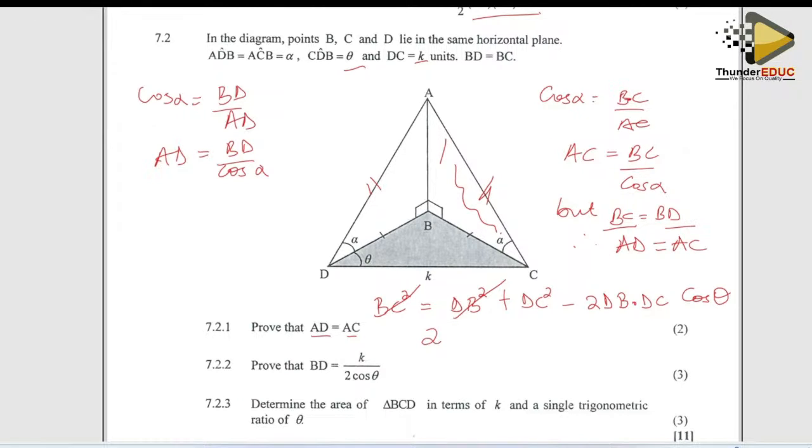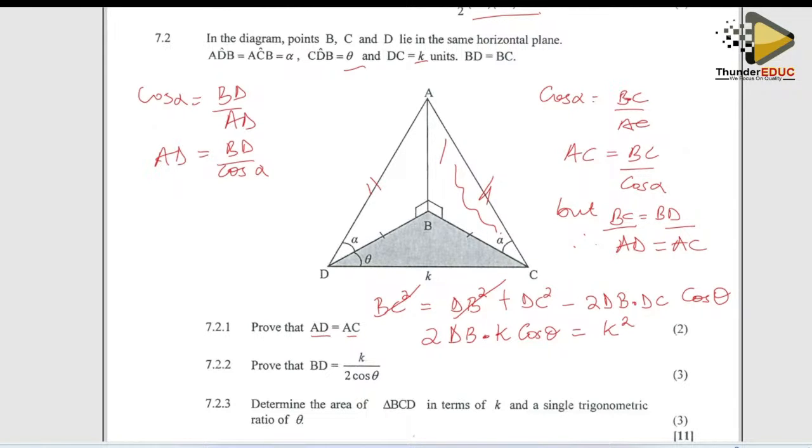So I'll have 2 DB multiplied by the DC, which is K, cos of theta is equal to K squared.